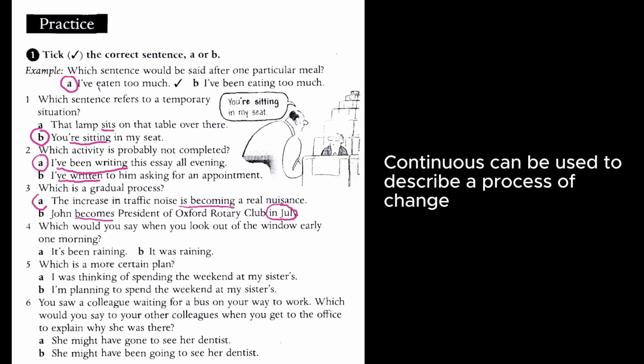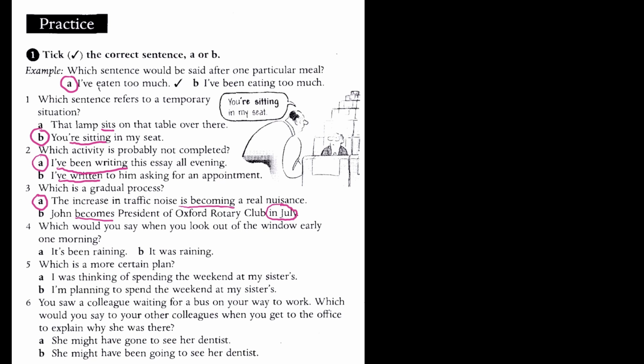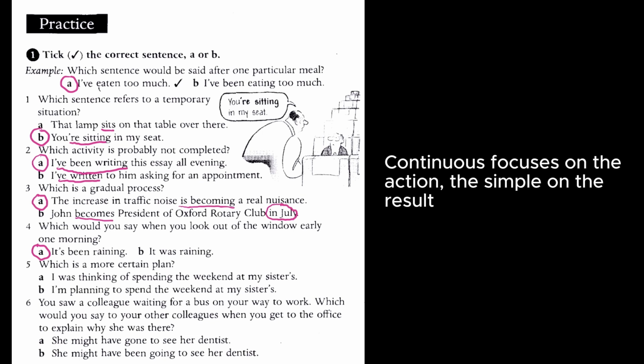So a gradual process is A. Which would you say when you look out of the window early one morning? It's been raining. It was raining. The most natural would be the present perfect continuous to indicate something that has just happened and just completed, rather than something which could have happened a lot further in the past.